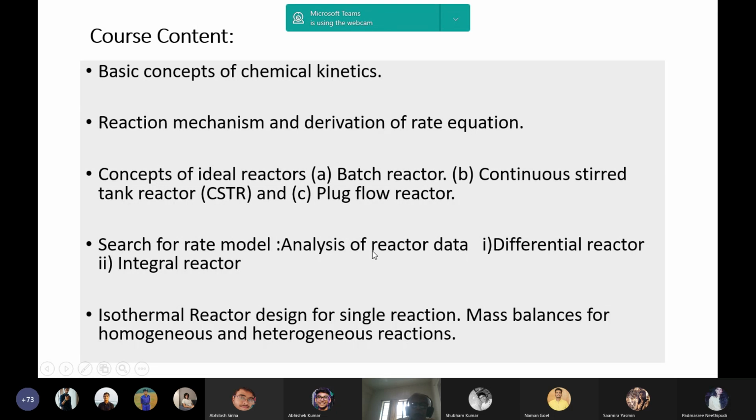So analysis of rate data is important, based on differential reactor and integral reactor. And isothermal reactor design is kept in the 5th chapter. That is, the same batch reactor, continuous reactor, and plug flow reactor will be designed.